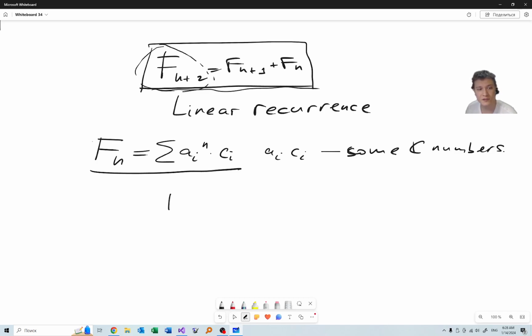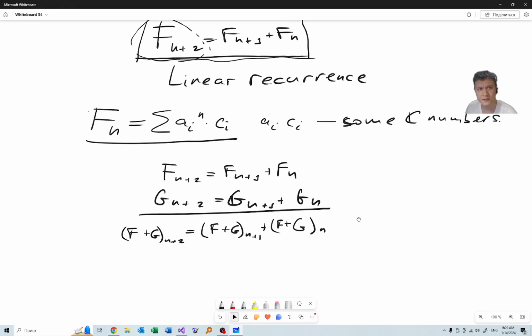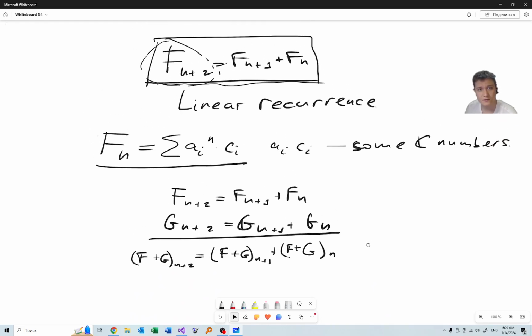If you have two sequences which agree with this definition, then their sum also satisfies it. So f plus g is also of this form.